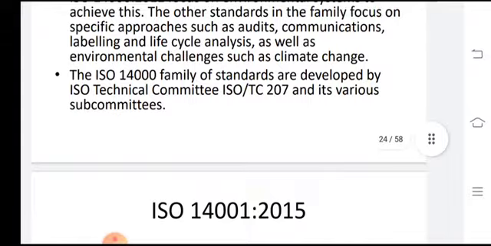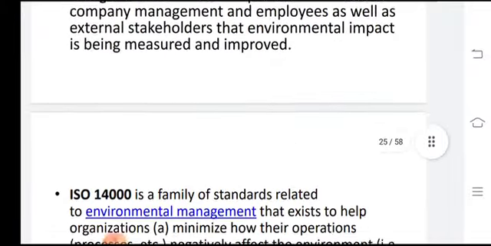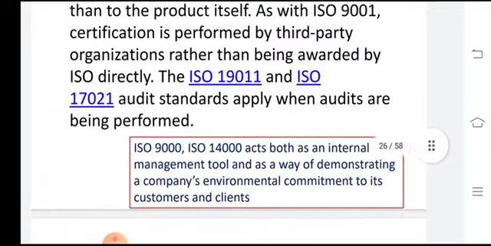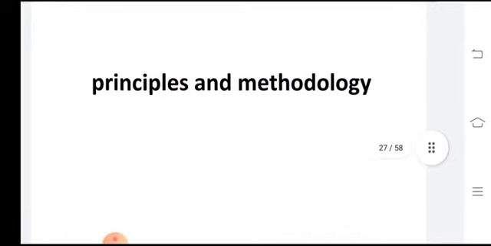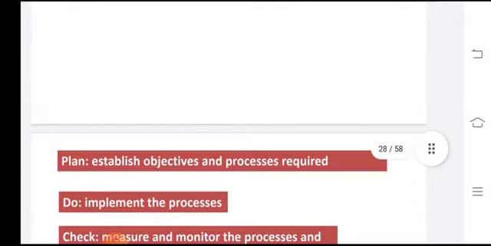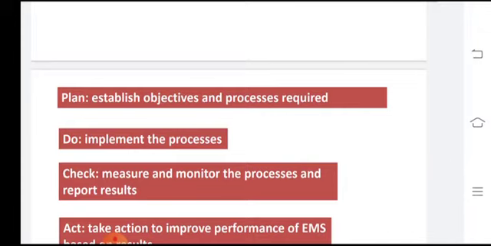So please go through these documents. We have already covered these topics. Now, how are we going to apply ISO 14001 particularly?